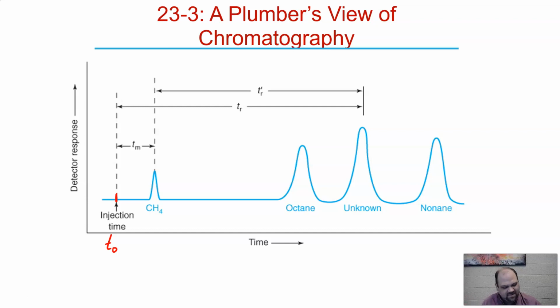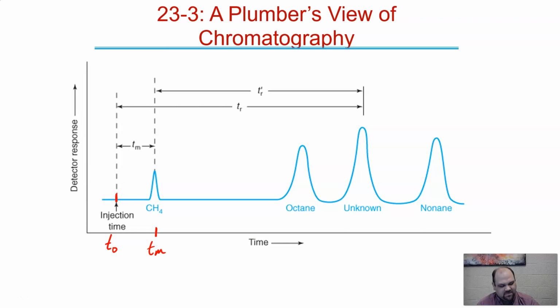That time here is labeled Tm, M for marker. And so in this example, methane is our marker. And so at this time, Tm, we see our marker come out. The assumption is that methane did not interact with our stationary phase at all, and that this time, Tm, is the time that it takes anything to move through the column, even if it doesn't interact with the stationary phase one bit.